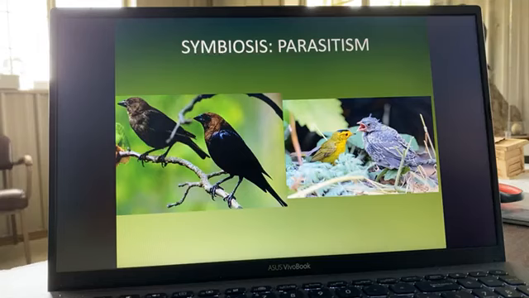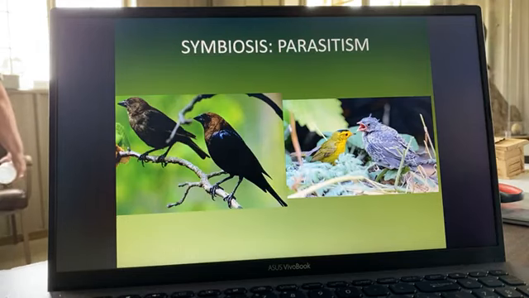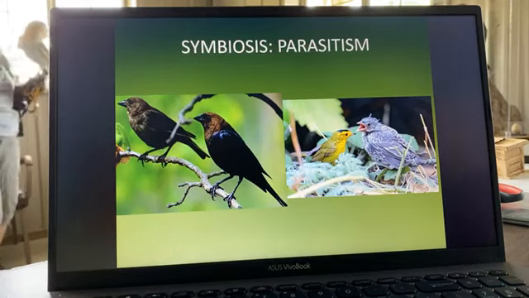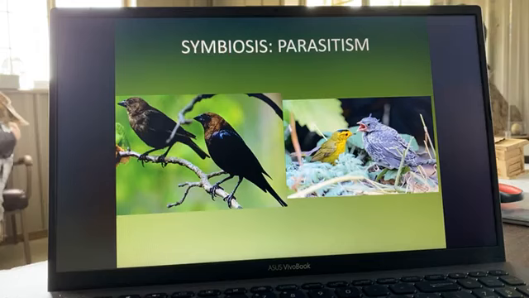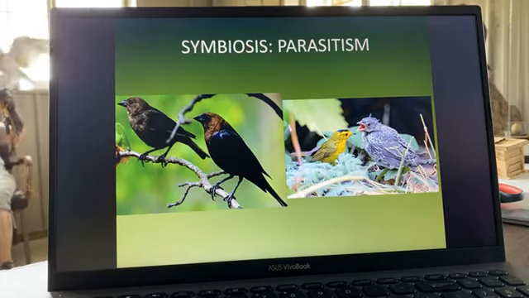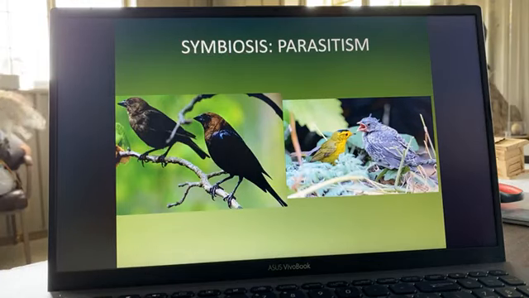But we humans made all these permanent structures and roads, and typically cowbirds will parasitize a nest within about 50 yards of an open area. So if you have a road, they'll follow the road, and 50 yards either side of that could be parasitized. So that's what they do.